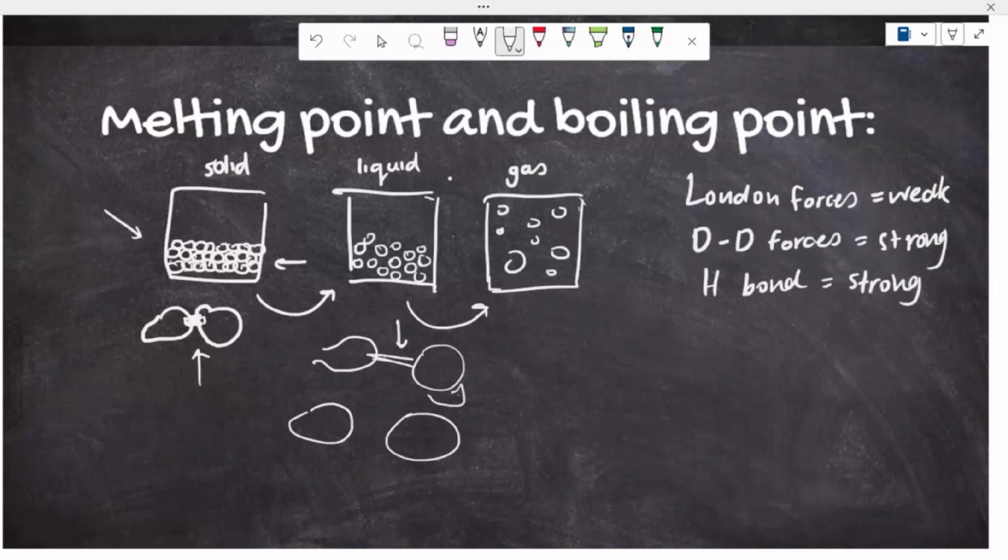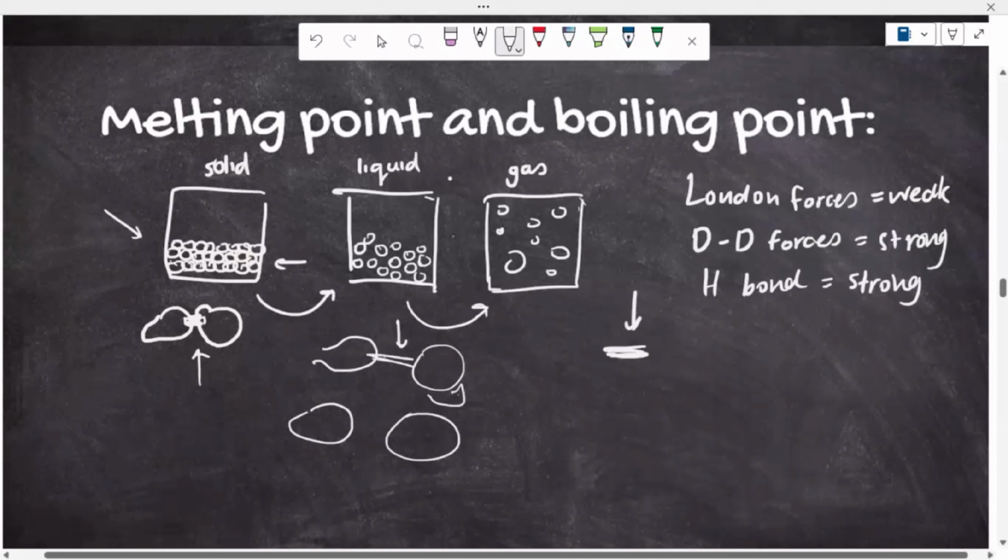So when you think of a bond, in order to break a bond, we actually need to provide it energy, right? So to break a bond, we need to supply it with so much energy to the point where that energy ends up destroying that bond, right?